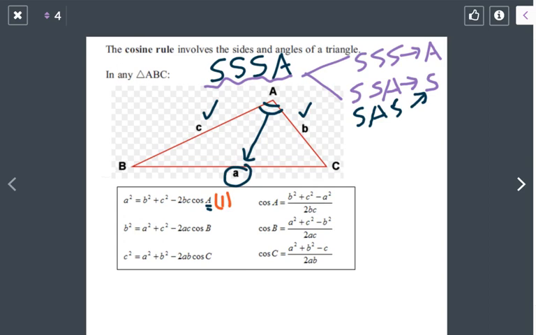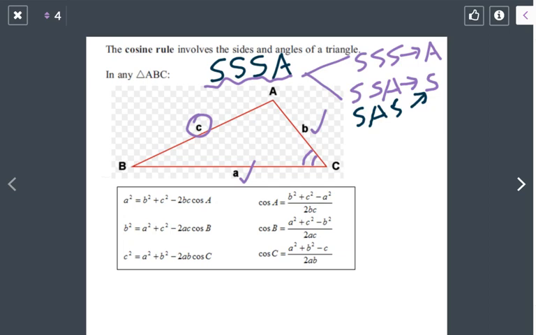So b squared will be c squared plus a squared minus 2ac cosine B. Now let's try c squared. C squared equals a squared plus b squared minus 2ab cosine C.